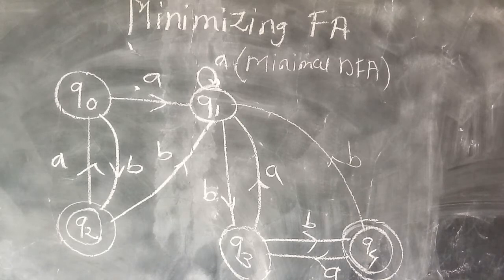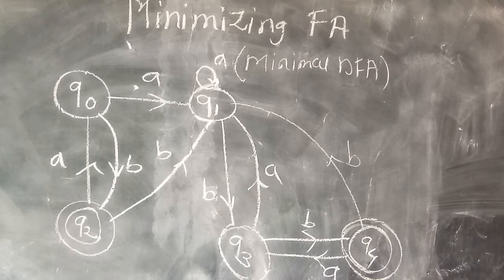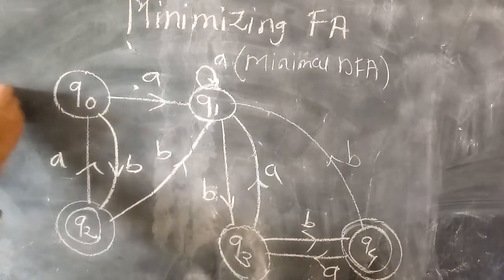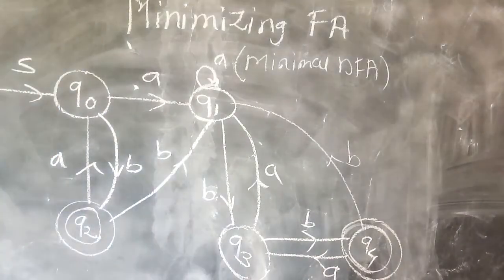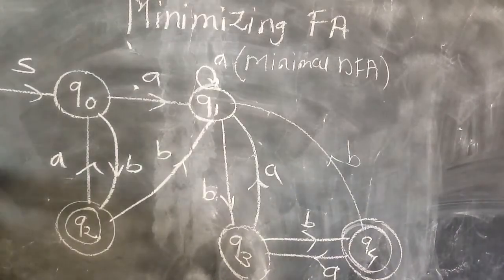Now, how to convert any DFA into a minimal DFA? We will see it step by step. Before going into that in detail, we have to identify the sets of finals and non-finals. We have to separate the final states and the non-final states into separate sets.